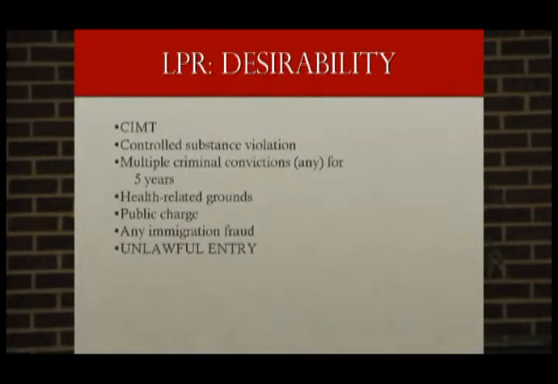There are certain health-related grounds as well. If you have various types of communicable diseases, you could be prevented from coming. If you haven't had certain types of vaccines, they can prevent you from coming. If they think that you may become a public charge in the future, they can prevent you, and any immigration fraud.